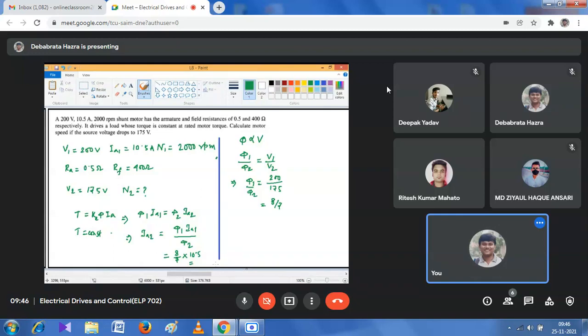Calculate it. What is the value of 8/7? 1.142. 1.142 into 10.5. It should be like 11 point something.